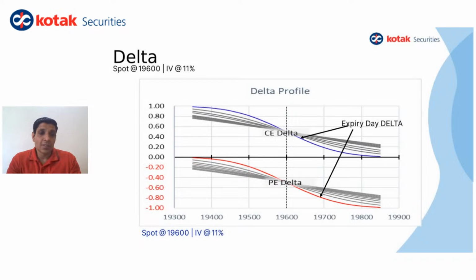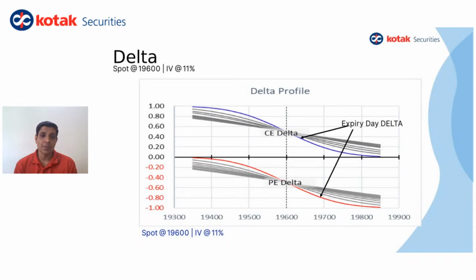So what you have to remember is what is the probability that your spot level will close at, and that determines the delta as such. So irrespective of whether it is the expiry day or on any given day, delta does play a significant part.